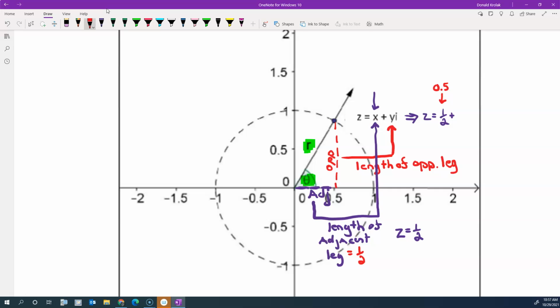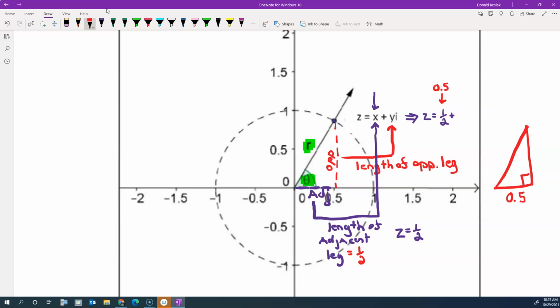All right, now we want to figure out, well, what's the length of this red leg? So if you look at this right triangle here, guys, this was 0.5. This is 90 degrees. R is equal to 1.